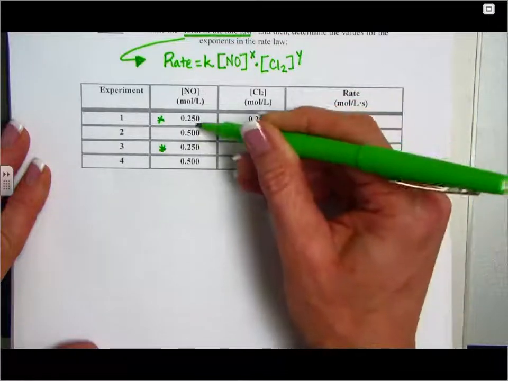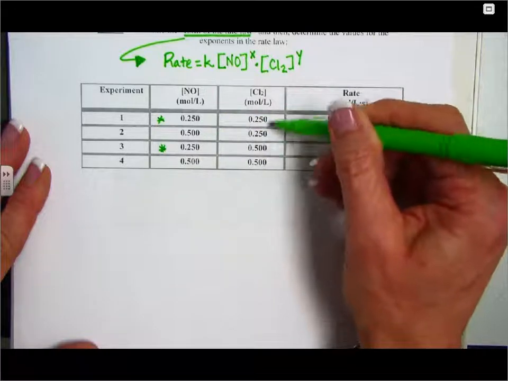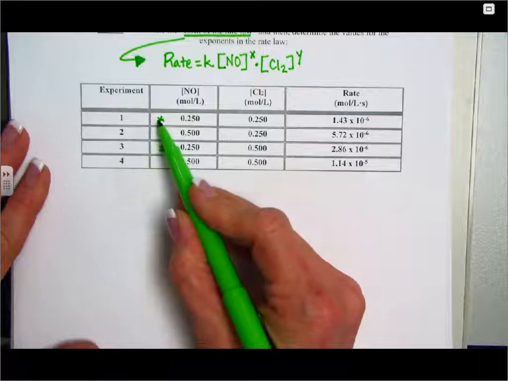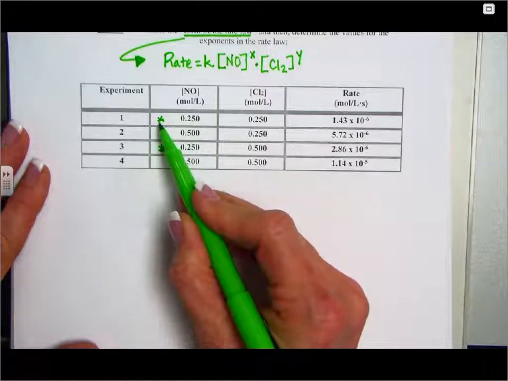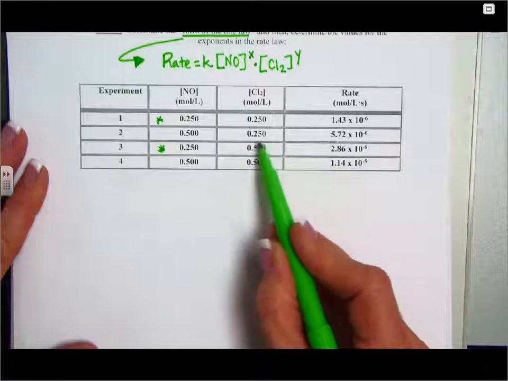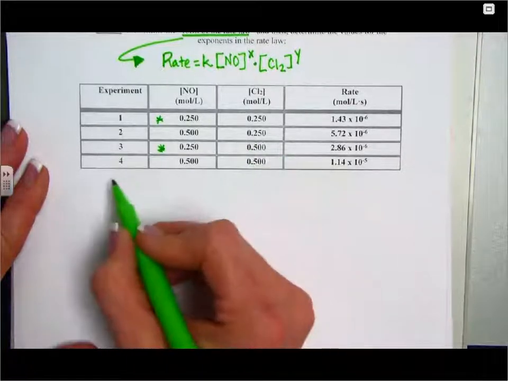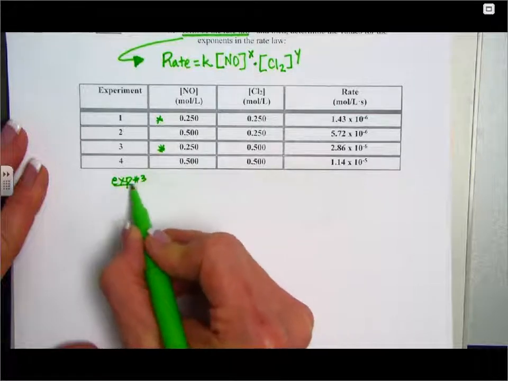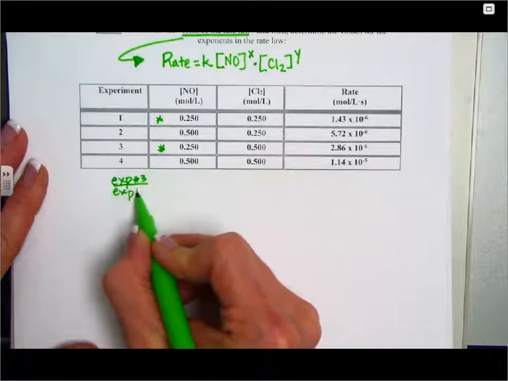So we're going to use experiment 3 and 1, and I'm going to put experiment 3 over experiment 1 because you want to make sure the larger numbers are on top. It just makes it work out more nicely.